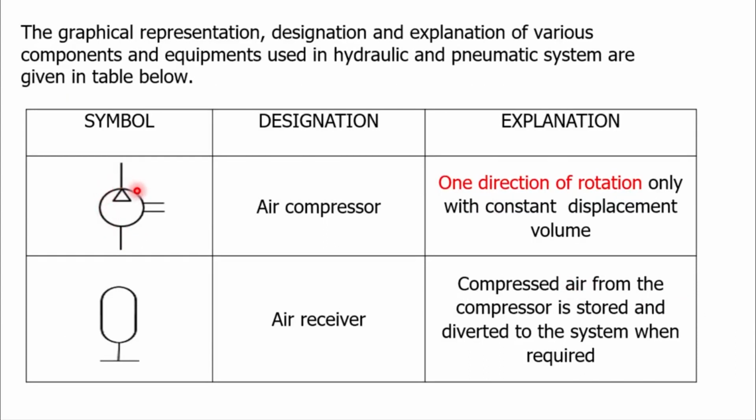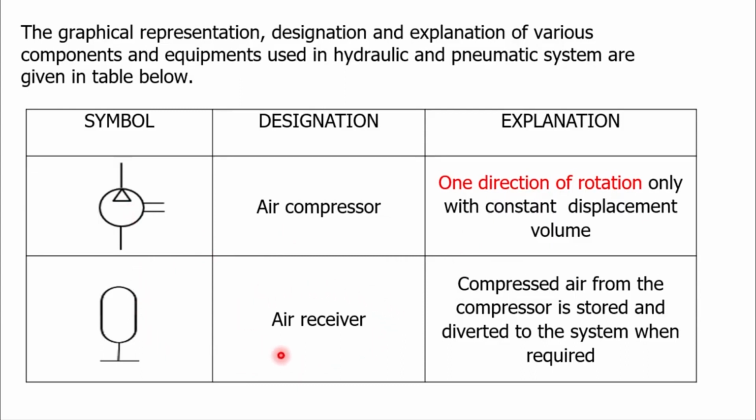We use a circle with a triangle to designate the air compressor. The triangle is not filled, whereas in a hydraulic circuit we use a hydraulic pump with a filled triangle. The two parallel lines here indicate constant displacement volume.